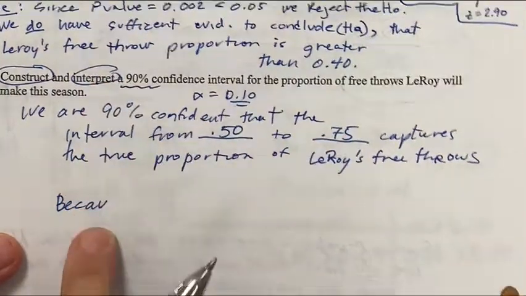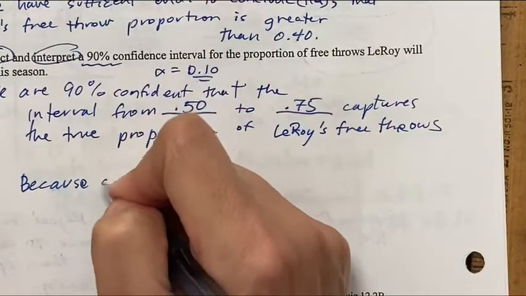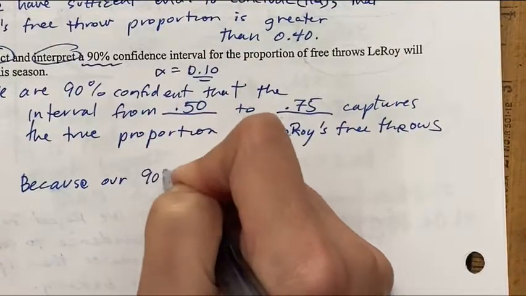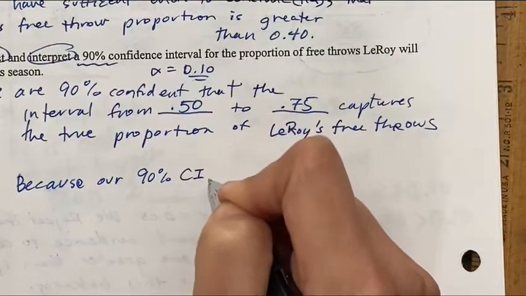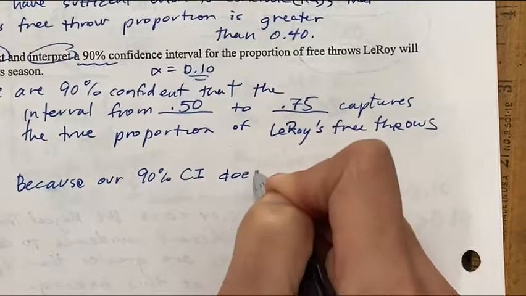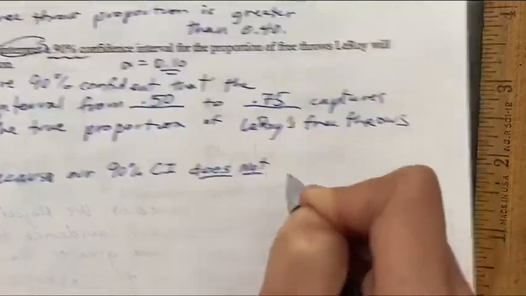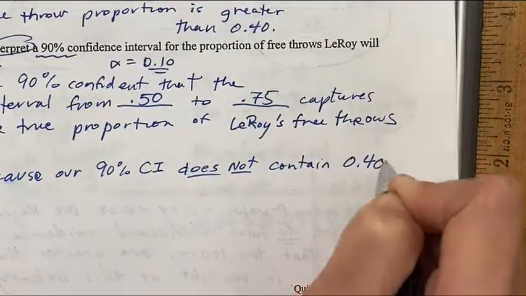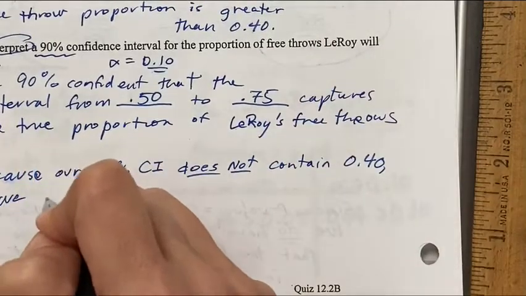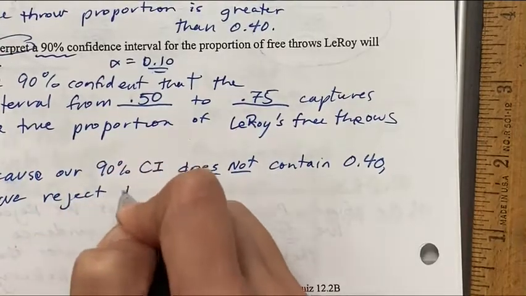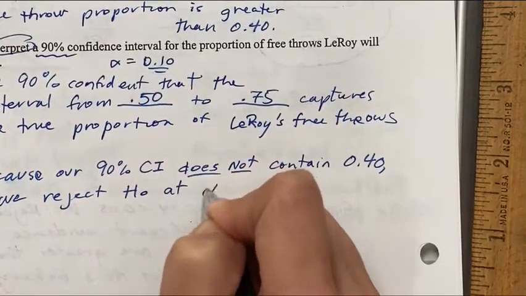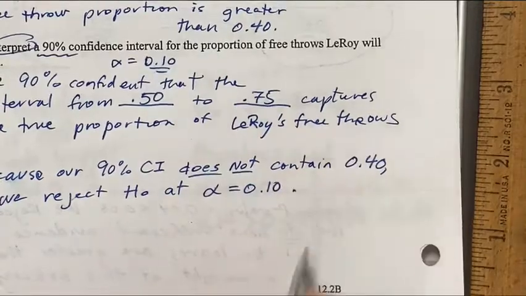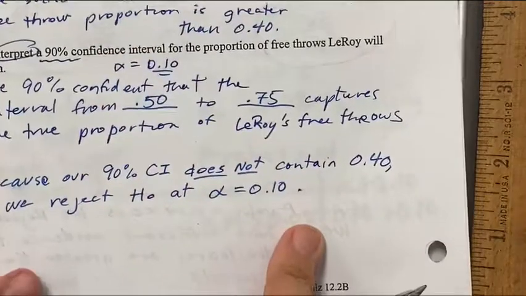And now I'm going to interpret it because our 90% confidence interval does not contain our null hypothesis. Once again, in this same way, we reject the null at alpha 0.10. It's the same thing as rejecting it.